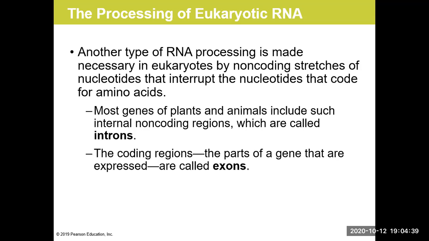Another type of processing that occurs in the RNA is deletion of the non-coding sequences in eukaryotic organisms. Most genes of plants and animals include internal non-coding regions called introns, which are interspersed between the coding regions, the parts of genes that are expressed in proteins, called exons.